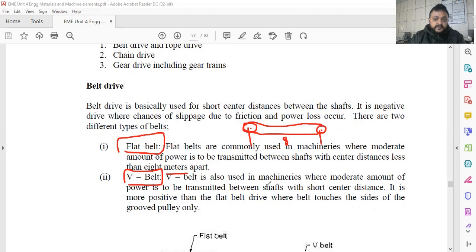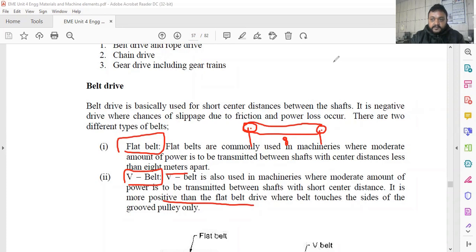Similarly, the V belt is also used in machinery to transmit the power for the shorter distance, but it is more positive. The main advantage of V belt over the flat belt is what? V belt is more positive, meaning there is less chance of slippage in V belt compared to the flat belt.